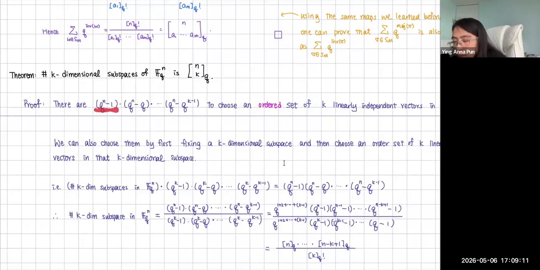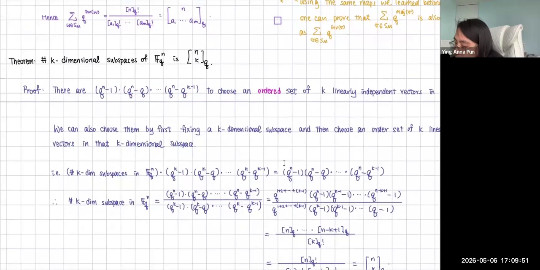Once you find that, the next one that you can choose would be q^n minus q, because there are exactly q minus 1 multiples parallel to what you chose before. And then afterwards you have q^n minus q^2, q^n minus q^3, and so on. So this is the number of ways that you can find ordered sets of k linearly independent vectors.